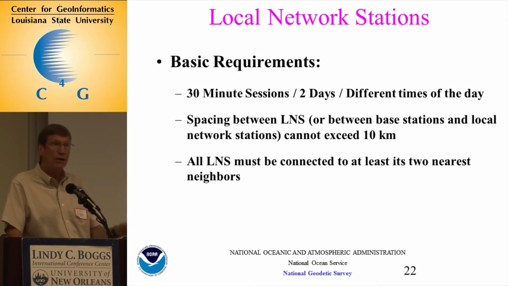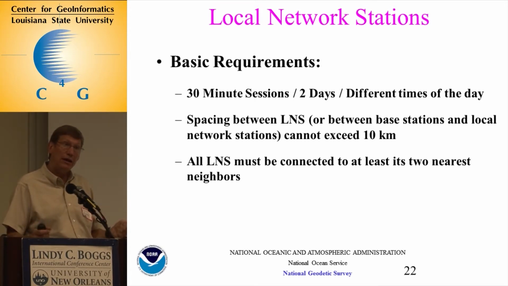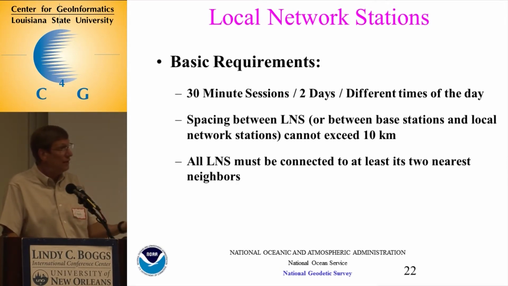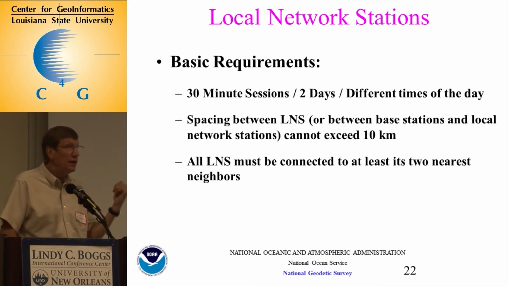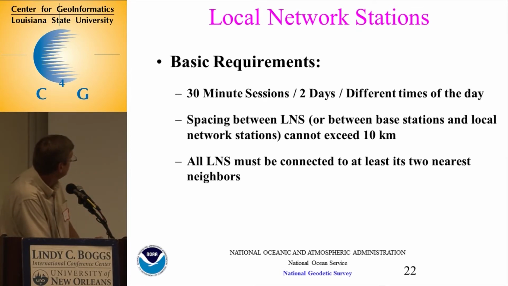You had 30 minutes or you had an hour or you had 3 hours. When you did it on these two different days, different times, when you mean the values, you got close to truth. And if you didn't get truth, or you did get truth and you just had precision, or you got precision but not accuracy, then the network would take care of it and you'd find it.